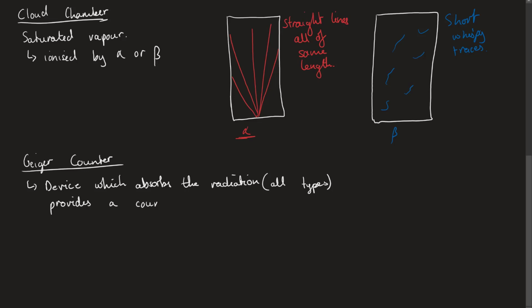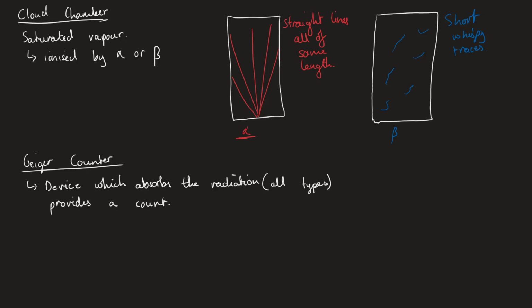So it counts how many radioactive or radiation particles that it detects in a given time period. If you turn it on and you leave it for 10 minutes, it will tell you how many particles it detects in those 10 minutes. Now, Geiger counters are very useful, and you will use a Geiger counter in your required practical.